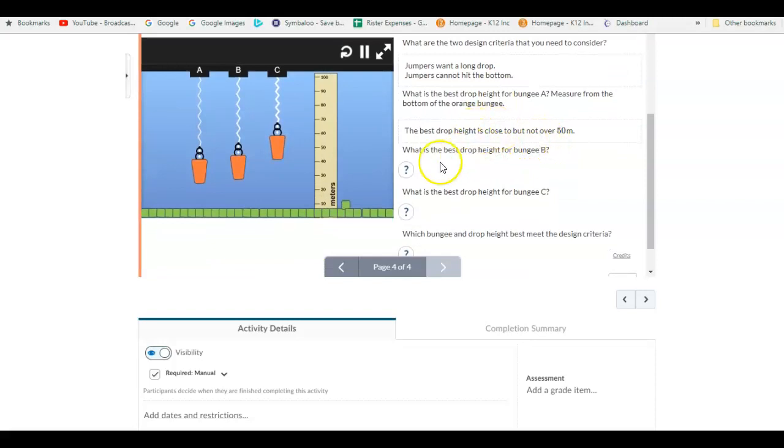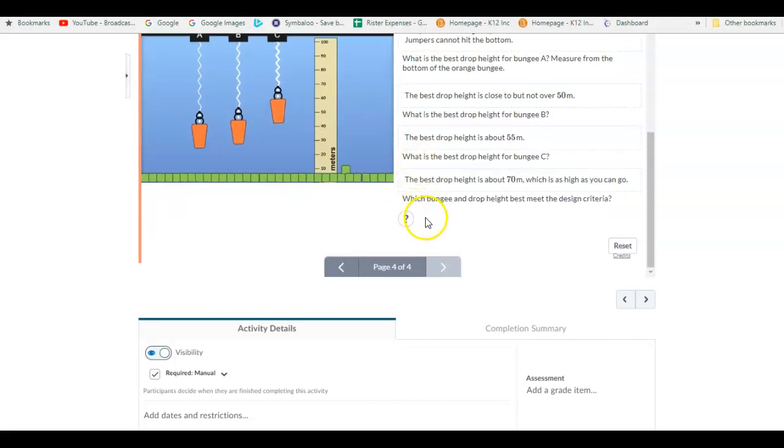The best height for bungee B says it's 55, so you're putting it up here. And then the best drop height for C was 70, which is as high as you can go. So which bungee and drop height best meet the criteria? That would be B.